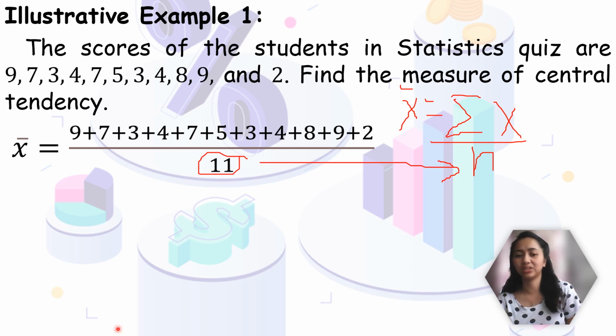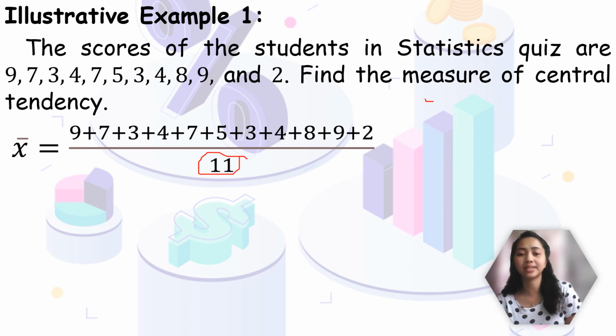So let us count how many elements do we have in the given data. We have 1, 2, 3, 4, 5, 6, 7, 8, 9, 10, 11. Yes, that's why we have here 11. That is the number of your elements in the given set of data.